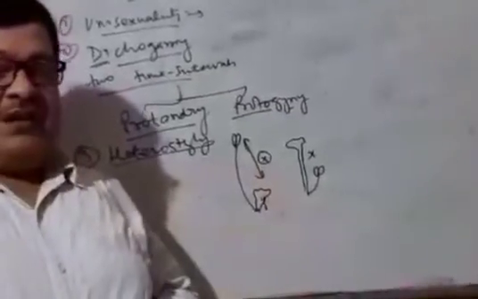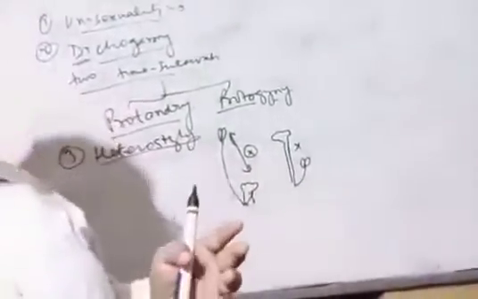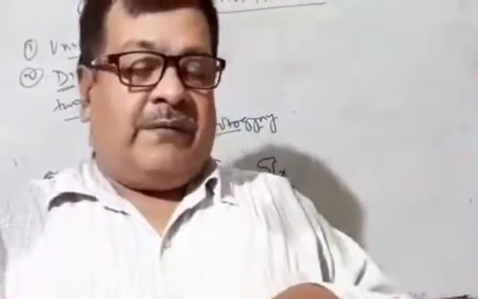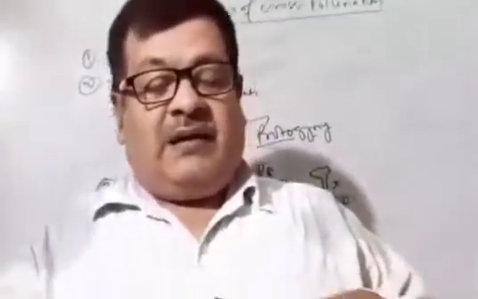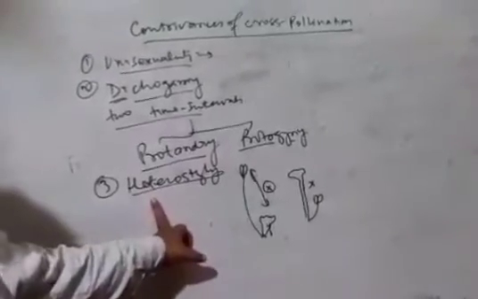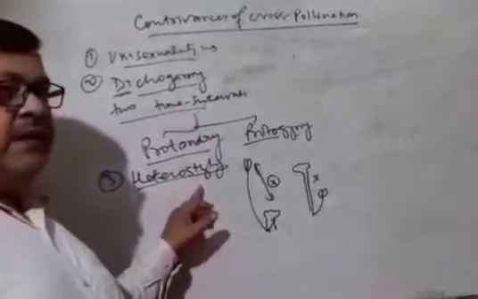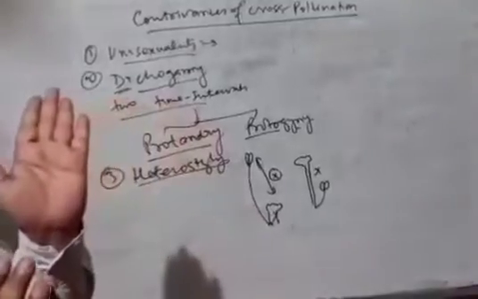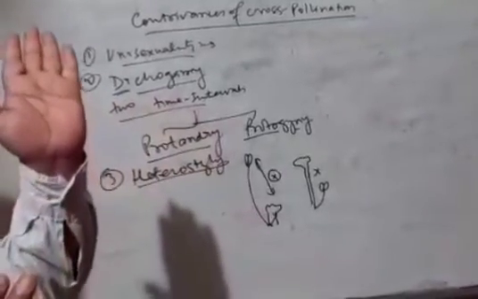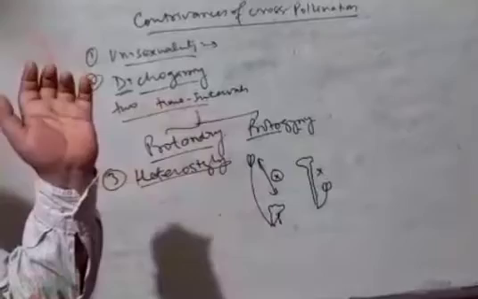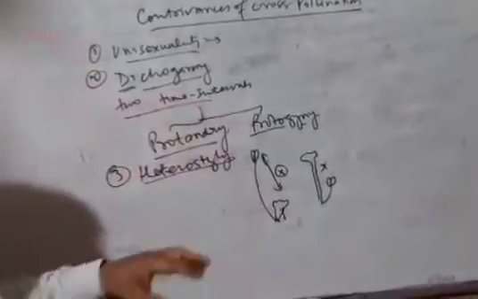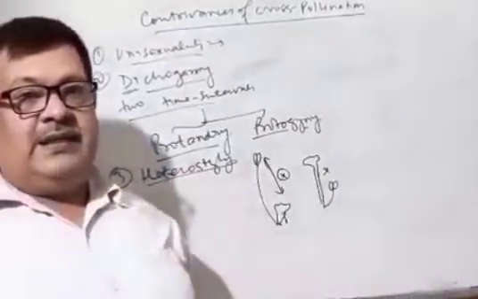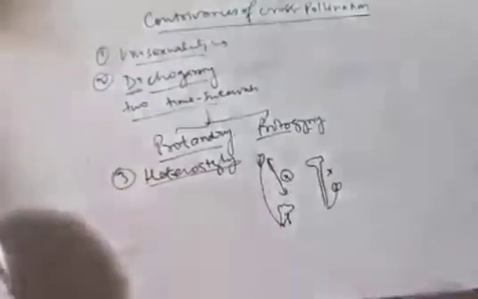For self pollination, the gametes must be transferred to the stigma. In heterostyly, if the male and female reproductive organs in the flower are at different heights, there is no chance of transfer of pollen itself. So there is no chance of self-pollination, and there is chance of cross-pollination.